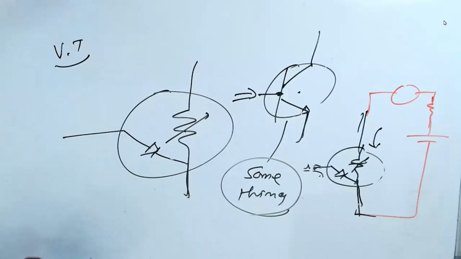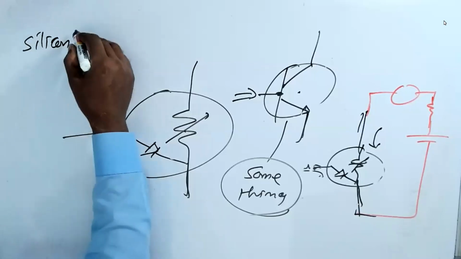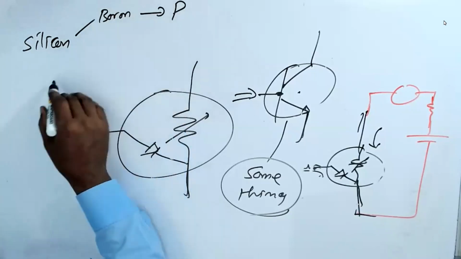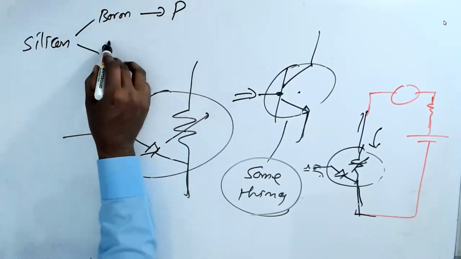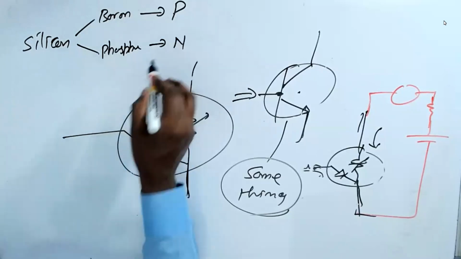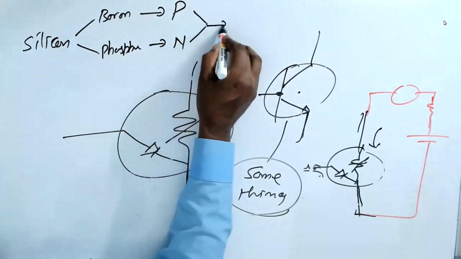So I use silicon. First, understand here. We take silicon, we add boron, we get P material. We add silicon and phosphorus, we get N material. Then we join these two, we get a diode.